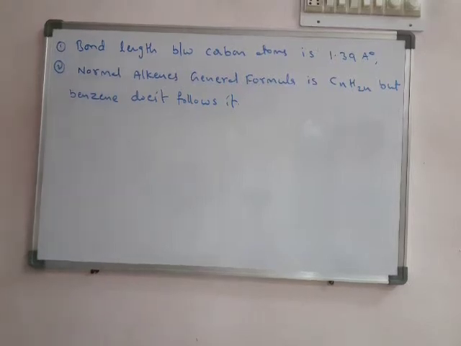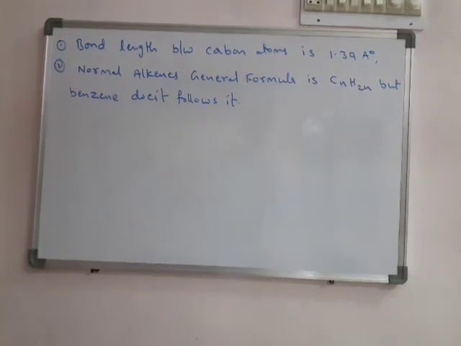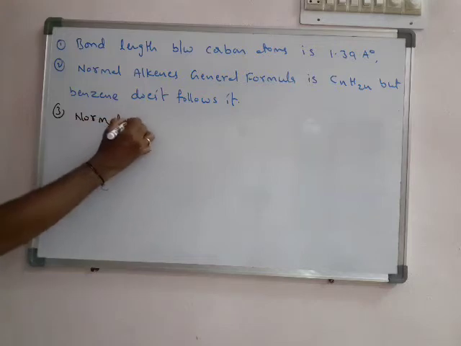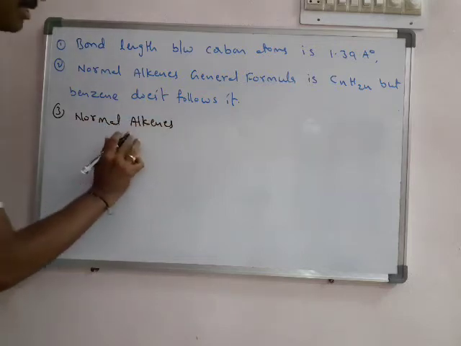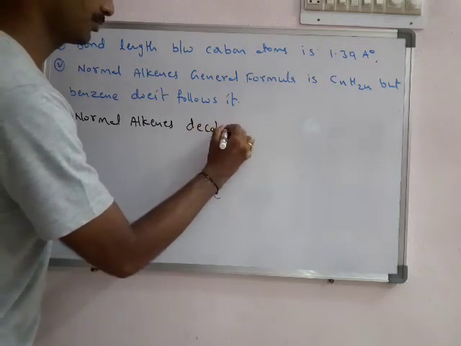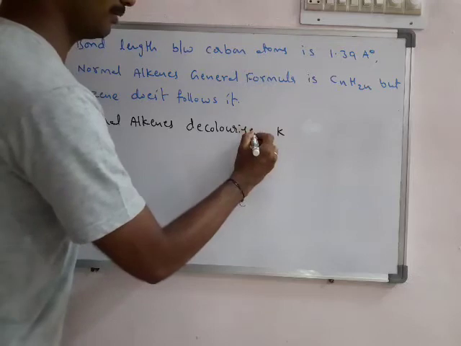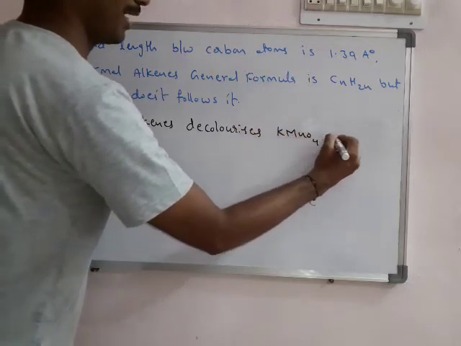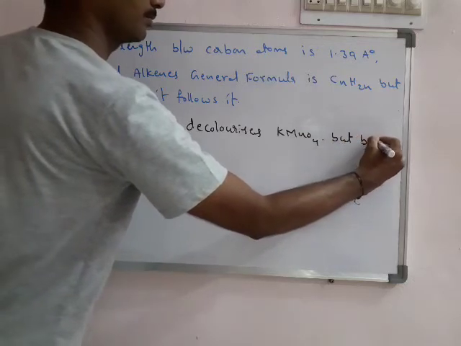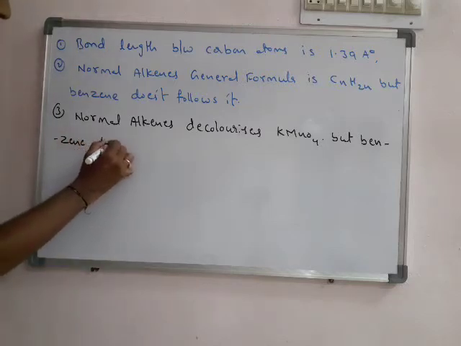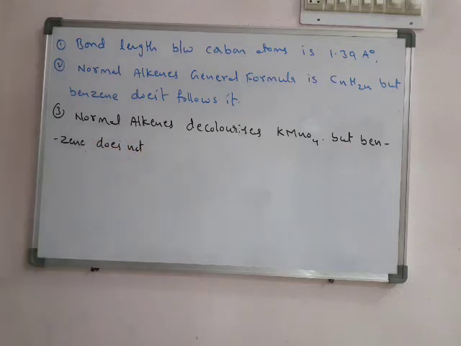Here one more property. One more property of normal alkenes is that they decolorize potassium permanganate, but benzene does not do that.